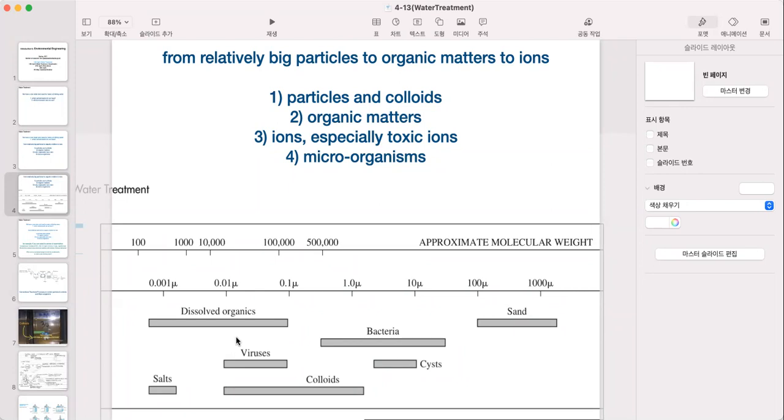The second, adsorption, right? Adsorption. On the surface of a mask, some virus can attach to that.